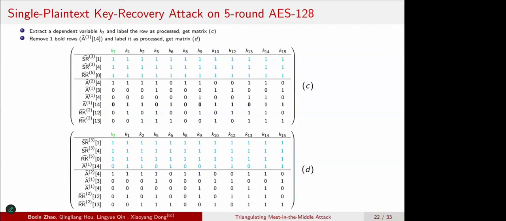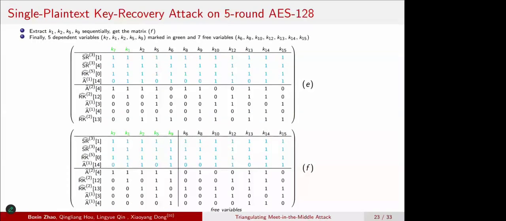Extract the dependent variable K7 and label the row as processed, getting matrix C. Then remove 1 border row corresponding to A114 and label it as processed, getting matrix D. Process the last 4 rows of matrix D and extract K1, K2, K5, K9 sequentially to get matrix F.